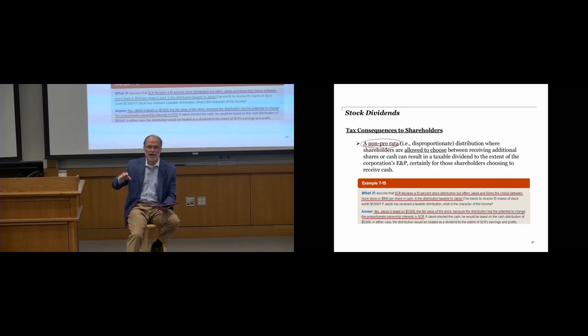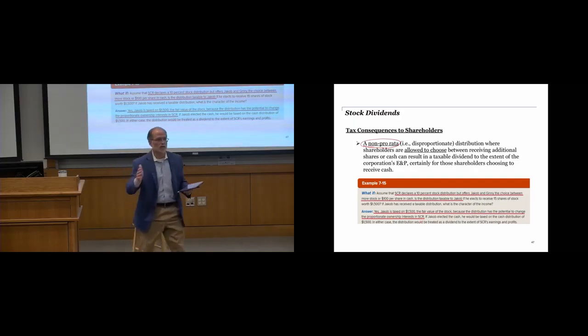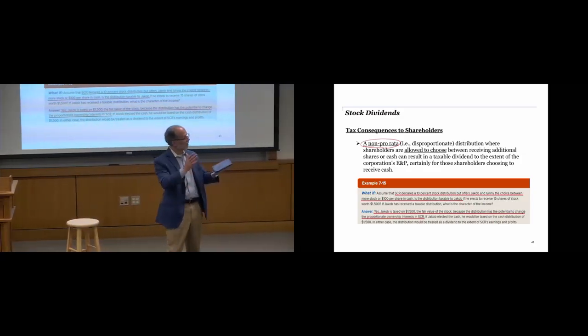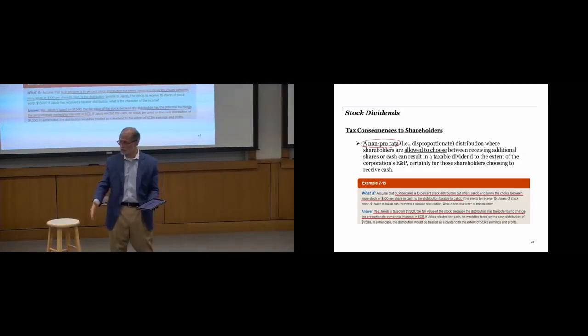That will become a taxable dividend. And the reason why is because everything we just talked about for the last 10 minutes no longer stands, because now amongst shareholders the value has been made disproportionate. Those that don't accept cash now have more shares, which means they have more ownership percentage in the corporation.